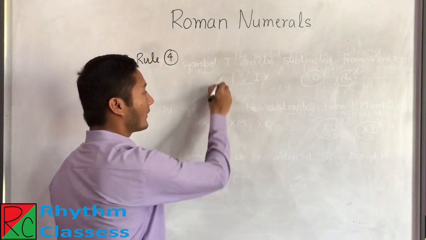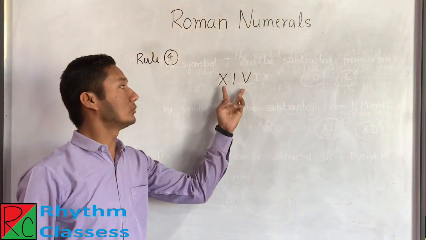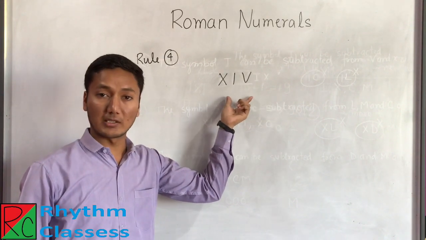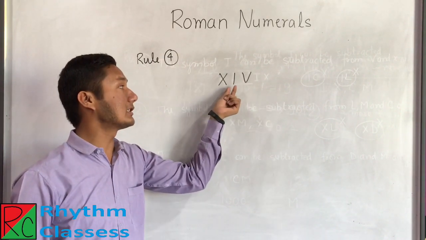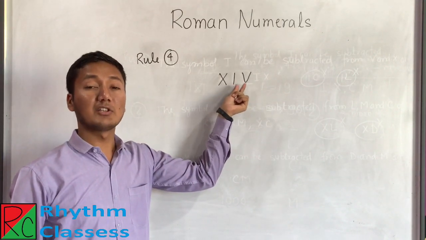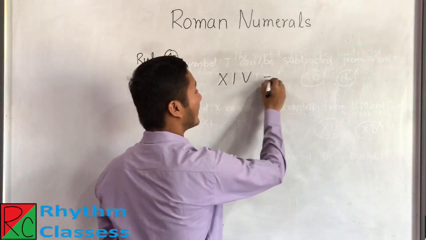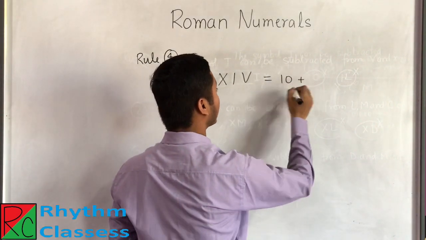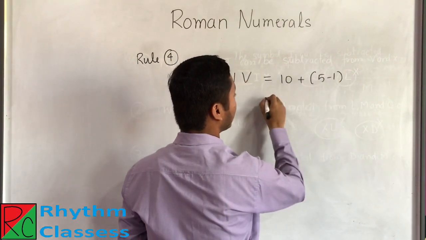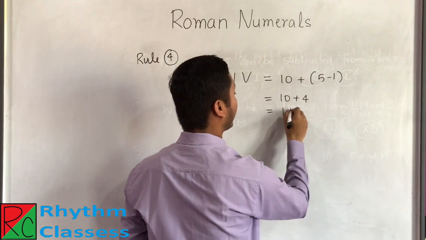That means if we write like this, then we see here are two larger numbers and one smaller number between two larger numbers. In this case, the smaller number is subtracted from the larger number which is just right to the smaller number. That means it becomes 10 plus 5 minus 1 and it will be 10 plus 4 equals 14.